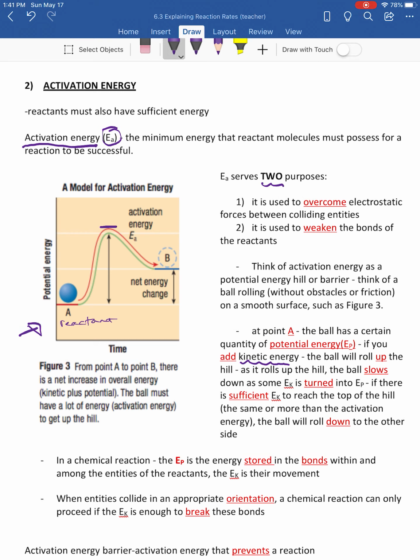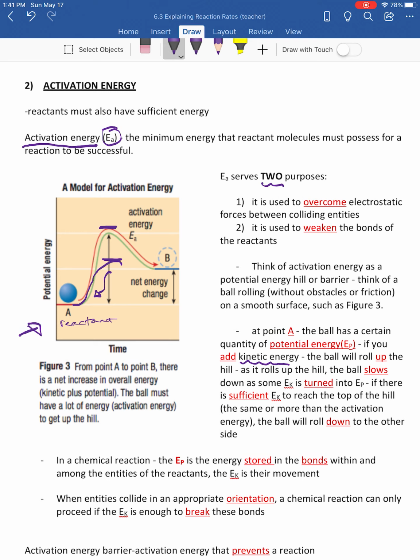So if there is enough energy to reach this hump here, and they are hurling towards each other with enough energy to break those old bonds, then they are capable of making new ones, meaning they are capable of making new products. If, however, they don't have enough energy and they can't go over this hump, guess what? They're back down in reactantville. They're staying as they were.